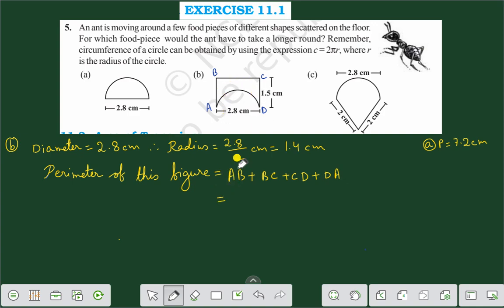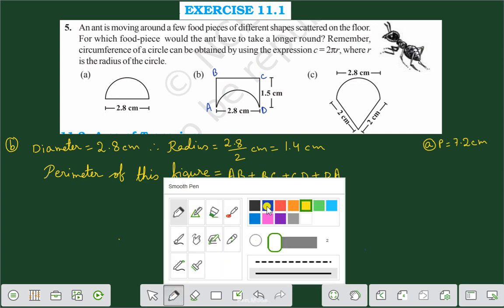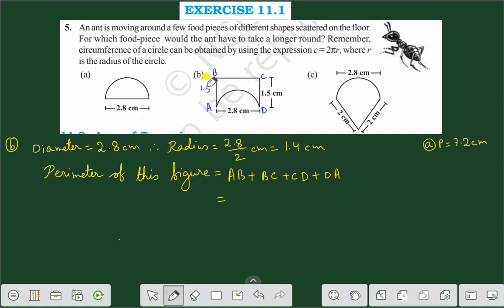Here you see the length of DC is 1.5, the length of AB is also 1.5. And here you see this is 2.8, that means the length of BC is also 2.8 centimeter.